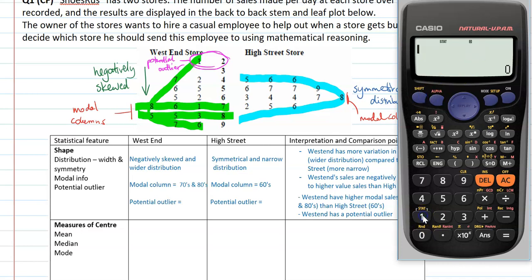If we go back to the stat menu, the other option we're interested in is number 5. And you can see there it will pump out our 5-number summary for us. It'll give us the min value, max value, Q1, median, and Q3, which is super handy.